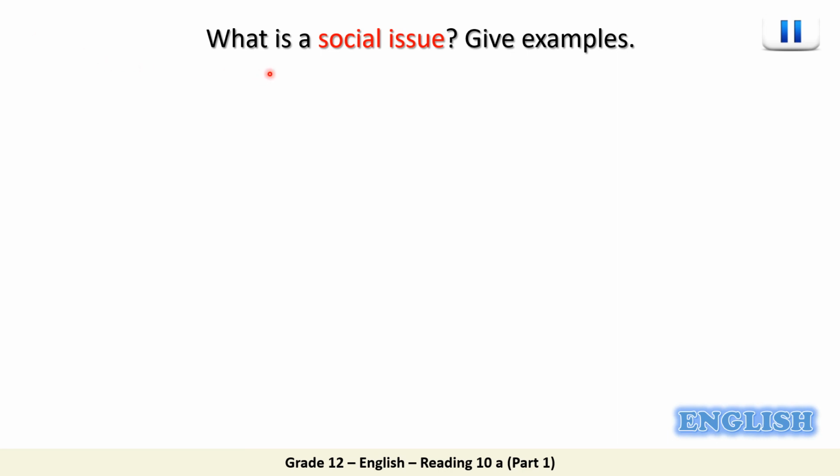To begin with, let's discuss this question: what is a social issue? And if you can give relevant examples, this would be great. Now pause, take your time, think of this question and some examples, and please follow.